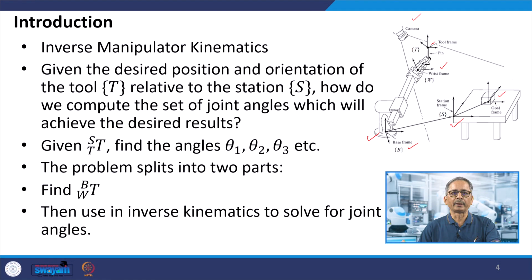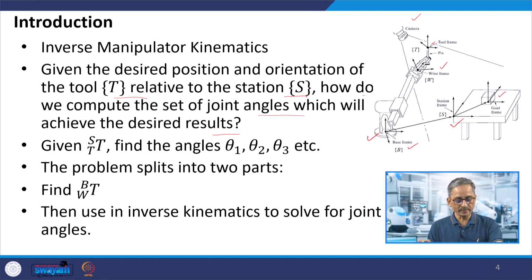In inverse manipulator kinematics, what we are essentially trying to do is find the joint rotations. For the given desired position and orientation of the tool frame relative to the station frame, the question is how do we compute the set of joint angles which achieve the desired result.